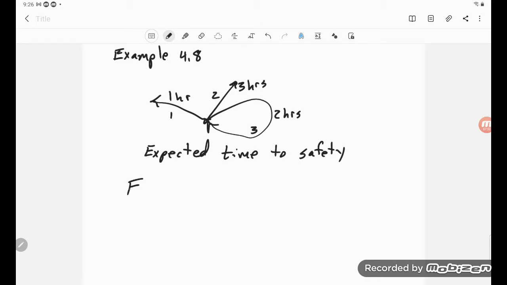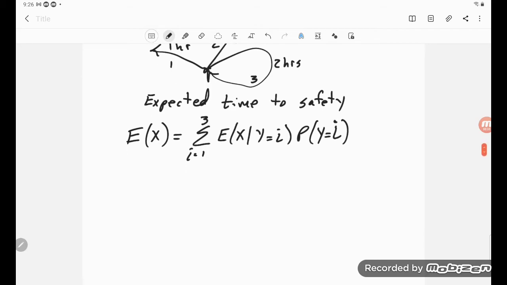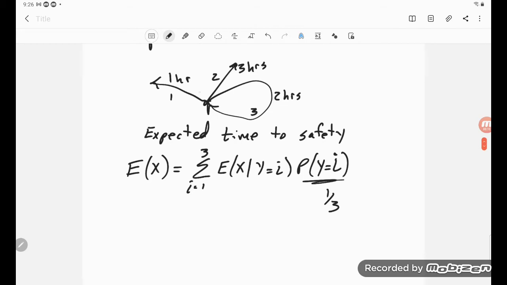If x is our time, we want the expected value of x. That's easiest to get by taking the sum from i equals 1 to 3 of the expected value of x given y, where y is the direction chosen, equals i, times the probability that y equals i. That is a third in every case, since they're equally likely to go down any of those three.